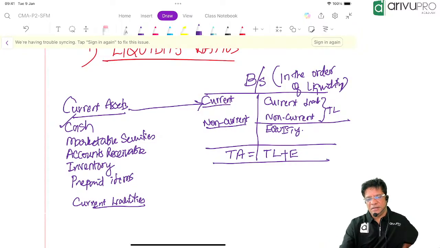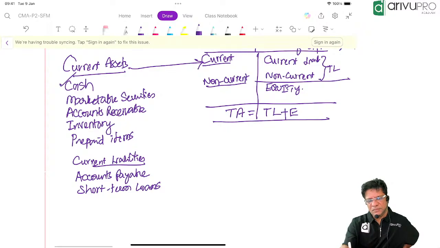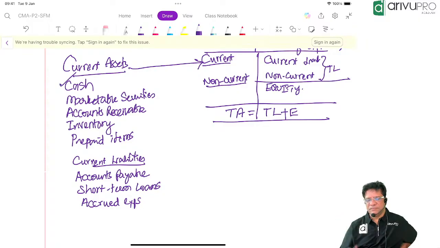So the popular current liabilities, in the order of liquidity, are accounts payable, short-term loans, then accrued expenses, etc. These are the major current liabilities. Of course, it depends on the company.